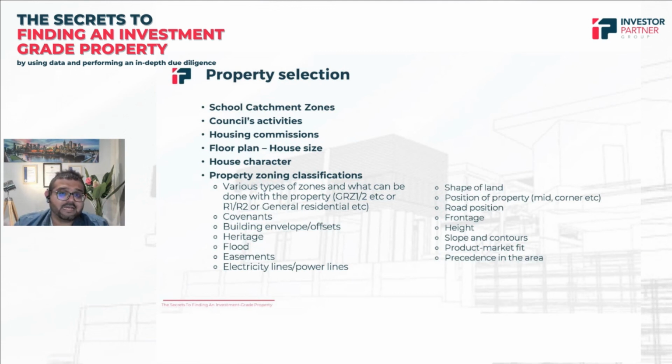And then lastly, and more importantly, the configurations of the house. When you talk about investor properties, it's a very non-emotional buy. You look at the floor plan and you understand the floor plan. What you want is a floor plan to be great. You want a great house character, you want a decent house size, but you are not so much worried about the modernization or the house age. If the house has good structure in place, if it's a good floor plan, you can play with the house.